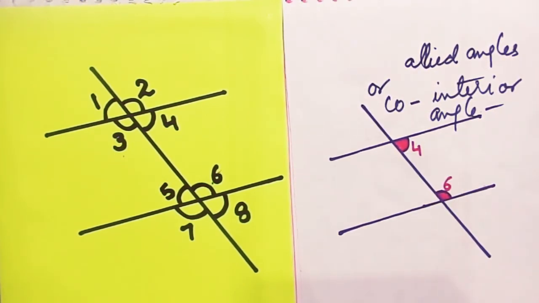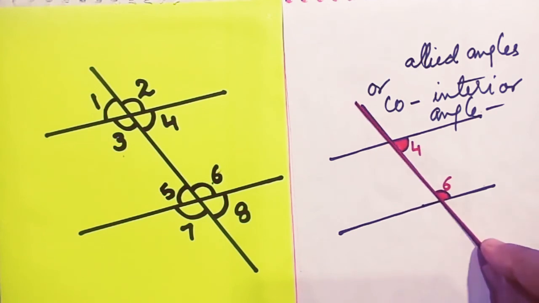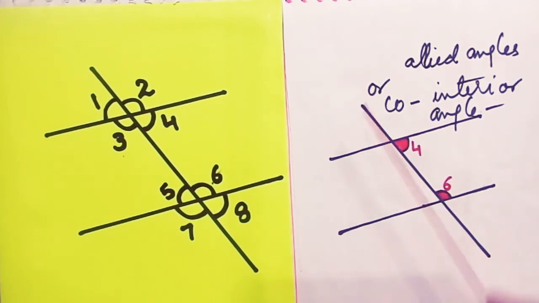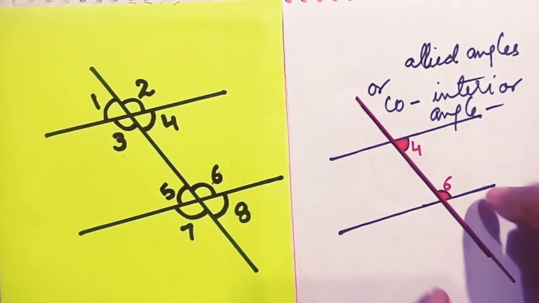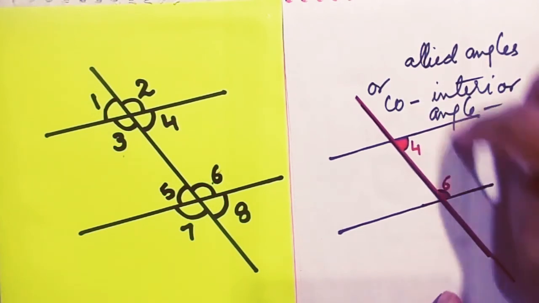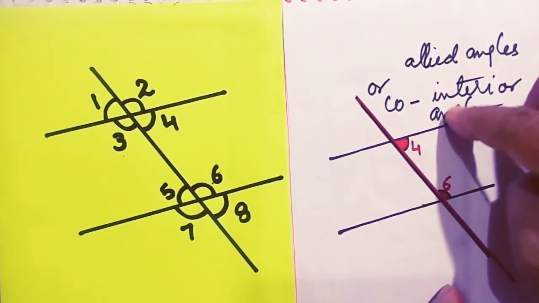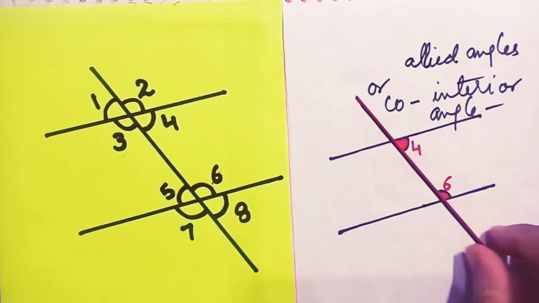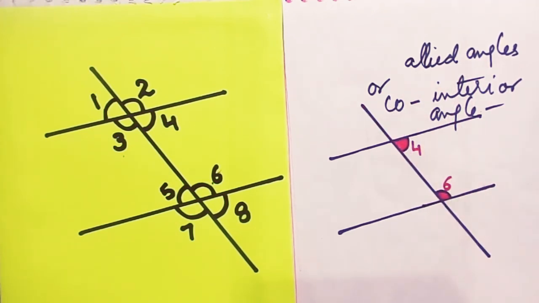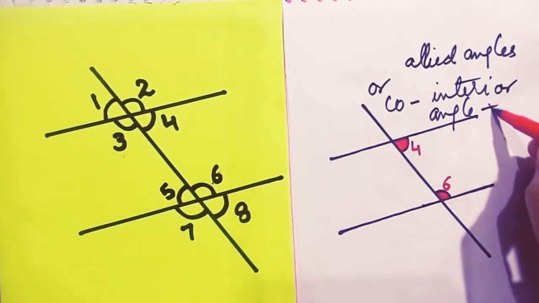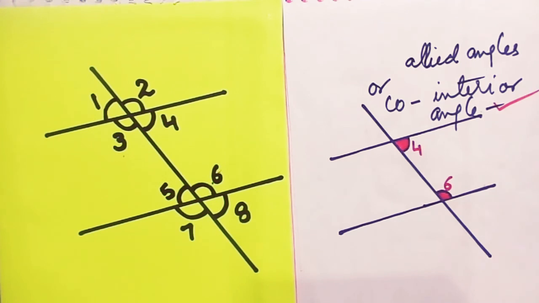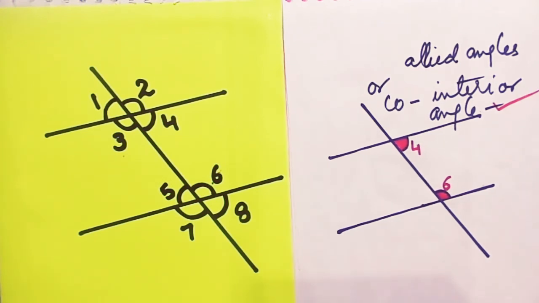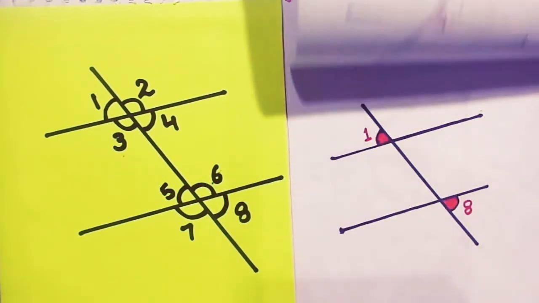So when two lines are being cut by a transversal, the angles which lie between these two lines are known as allied angles or co-interior angles. This you need to learn by heart.